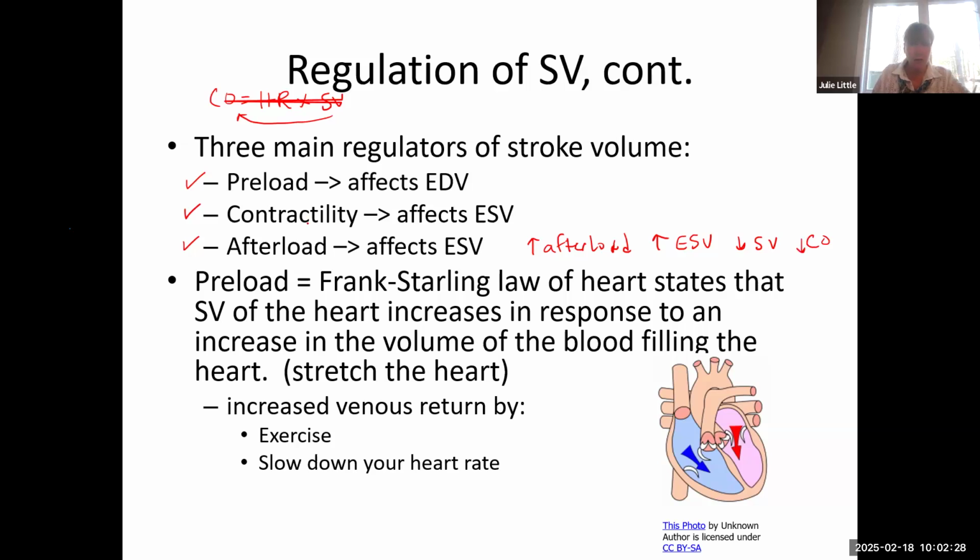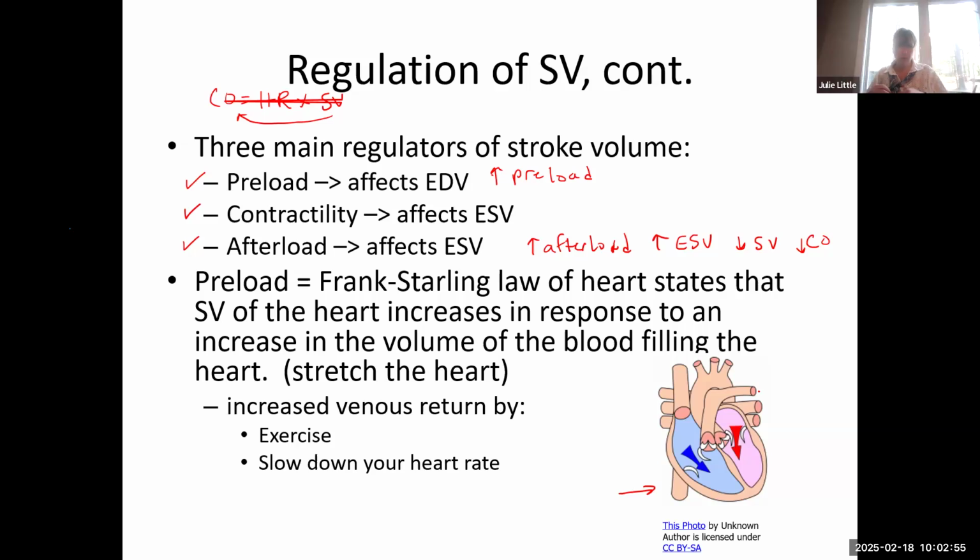On the side of contractility, we haven't really talked about that. We have talked about preload. Preload is the amount of blood we put into those ventricles right before they contract. Think of venous return as being preload. This is showing you preload down here. If you put more blood in here, these ventricles are relaxed.